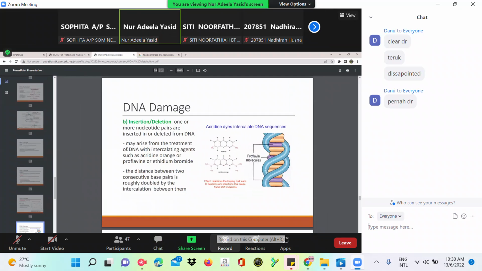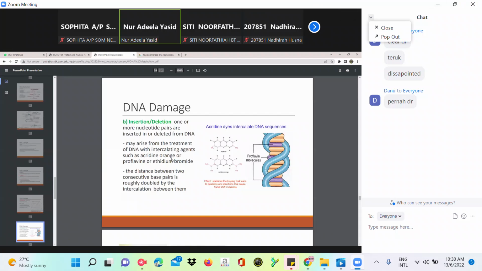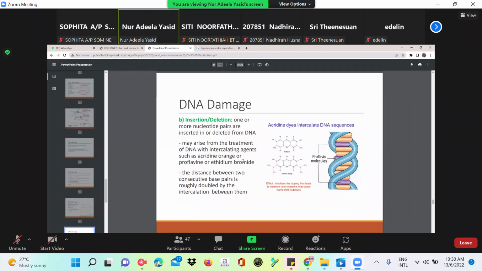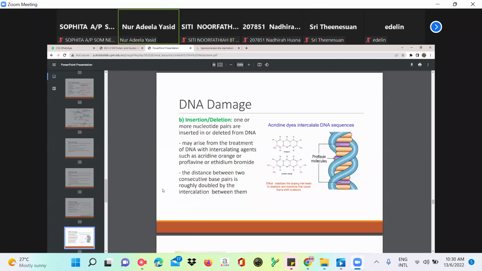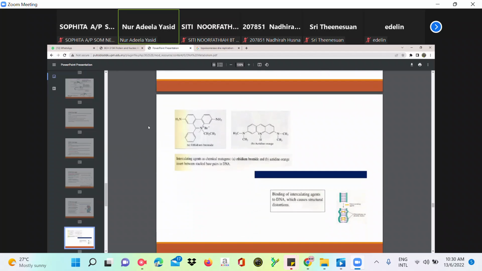This may arise from treatment of DNA with intercalating agents such as acridine orange, proflavin, or ethidium bromide, as I mentioned. It can intercalate into the DNA sequence, so it is very harmful. Examples of intercalating agents are ethidium bromide and acridine orange. They can be inserted between the base pairs in DNA.